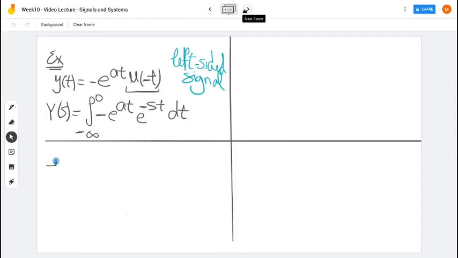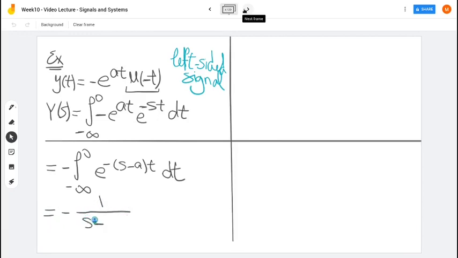So y of s will be equal to minus integration from minus infinity up to 0, and now we will be having e to the power minus s minus a t dt, and this will be minus 1 over s minus a with a negative sign, and e to the power minus s minus a t, and now we need to substitute with the limits from minus infinity up to 0.